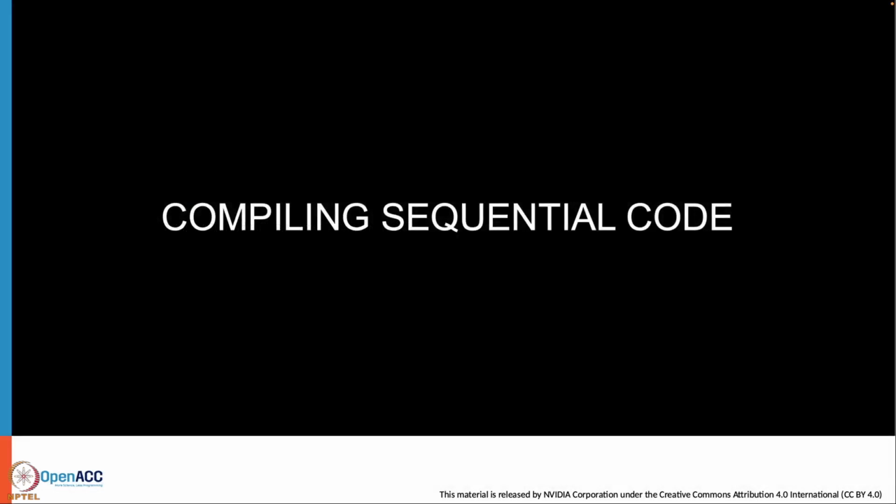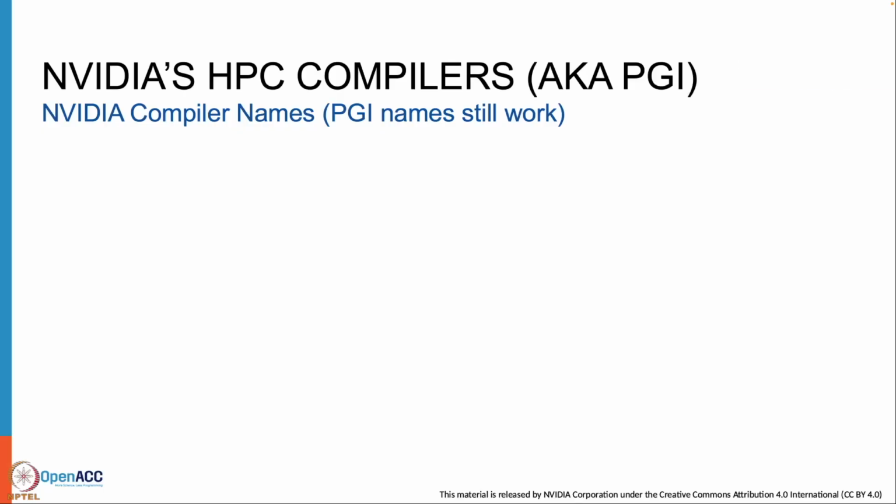So, the first thing we will look at is compiling sequential code using the NVIDIA suite of compilers. A similar process exists for the GCC suite and other compilers as well. If you look at NVIDIA's HPC compilers, which were formerly known as the PGI compilers, they all have NVIDIA related new names, but the old names which are related to PGI will also work.